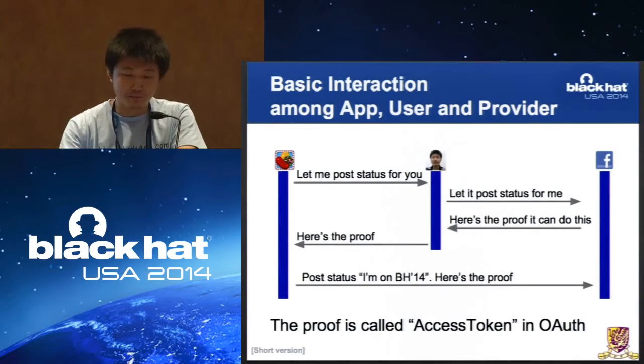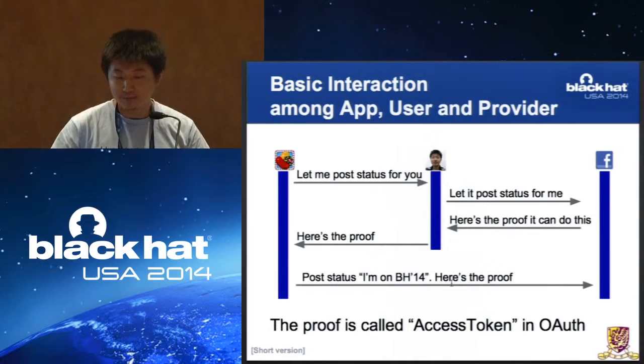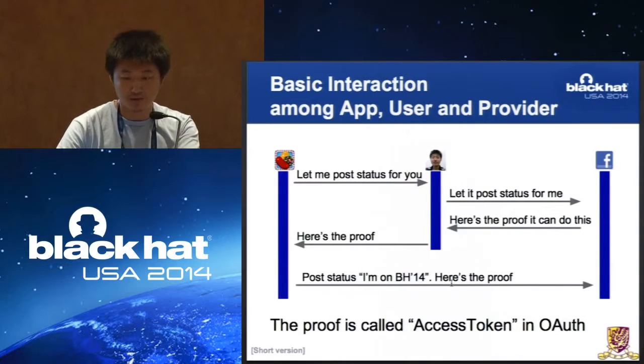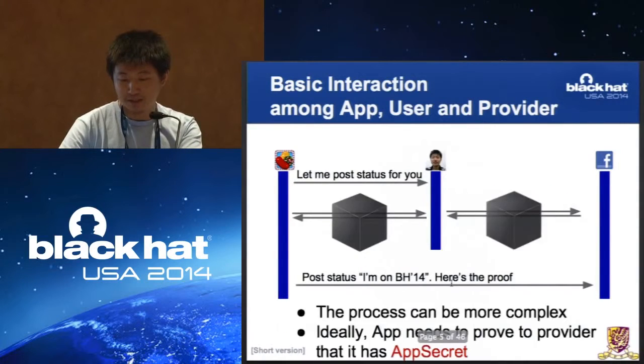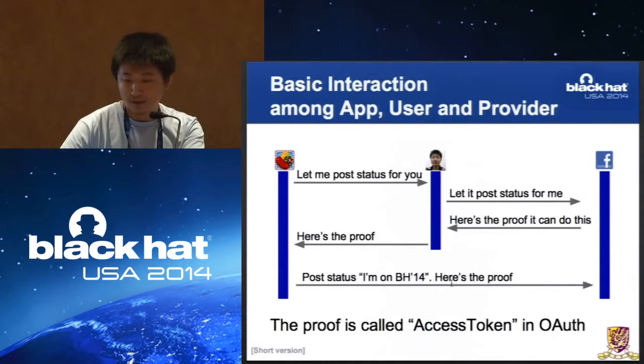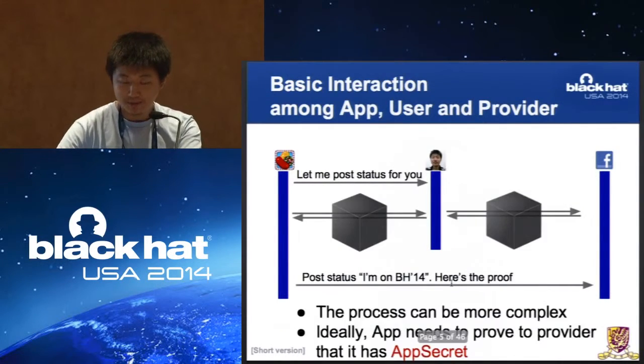So the user gives this proof back to the app. Then the app can do some operations, say post a status, and also give the proof to the provider, by the way. This proof is called an access token in the terms of OAuth. Usually it's just a very long string representing the permission.